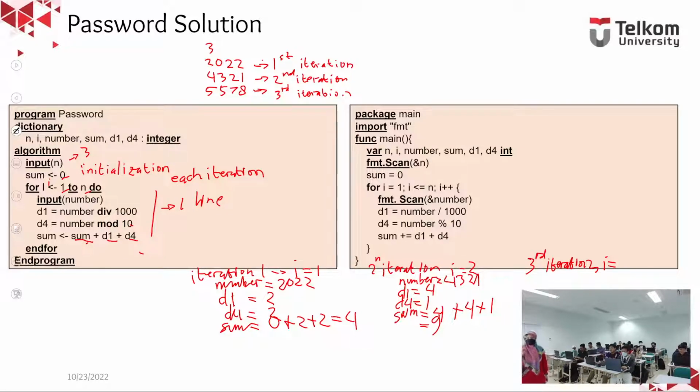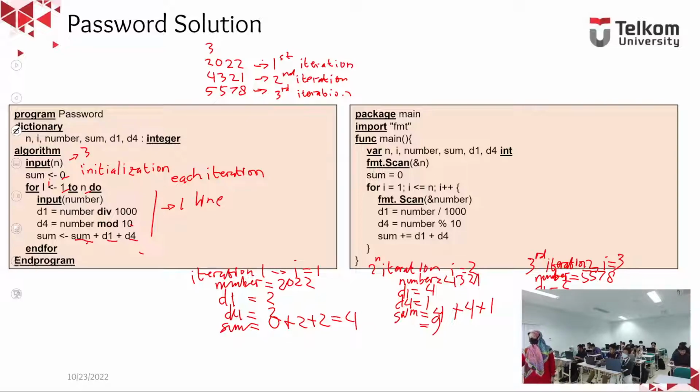What is the value of I? The third iteration, what is the value of I? 3, right? What is the value of number? 5, 5, 7, 8. What is the value of D1? 5.